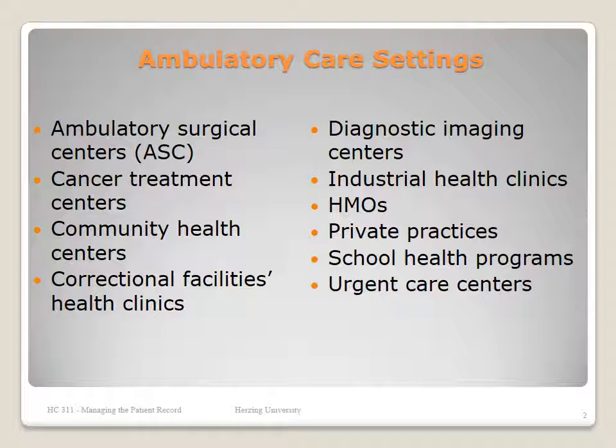It is also more convenient for patients to visit them since they are not staying overnight. Some surgeries and procedures are done via ambulatory care because they do not require a stay in a hospital. Recovery time is often shorter as well. Now let's discuss each type of ambulatory care facility in detail.